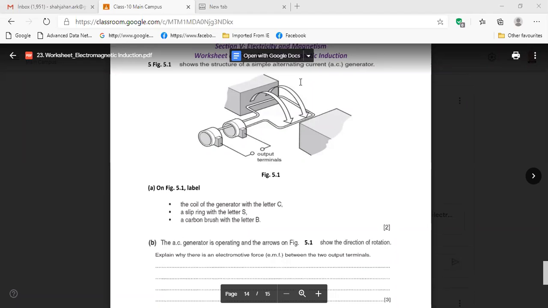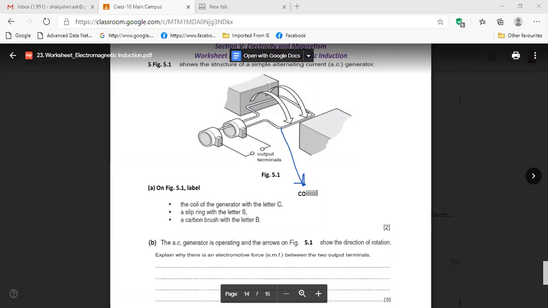That loop is the coil. Yes, the wire cuts the magnetic field lines and electricity is produced. Which one is the carbon brush? Let me mark it quickly. And those who have scope, you can draw so that it is easier to remember and recall.